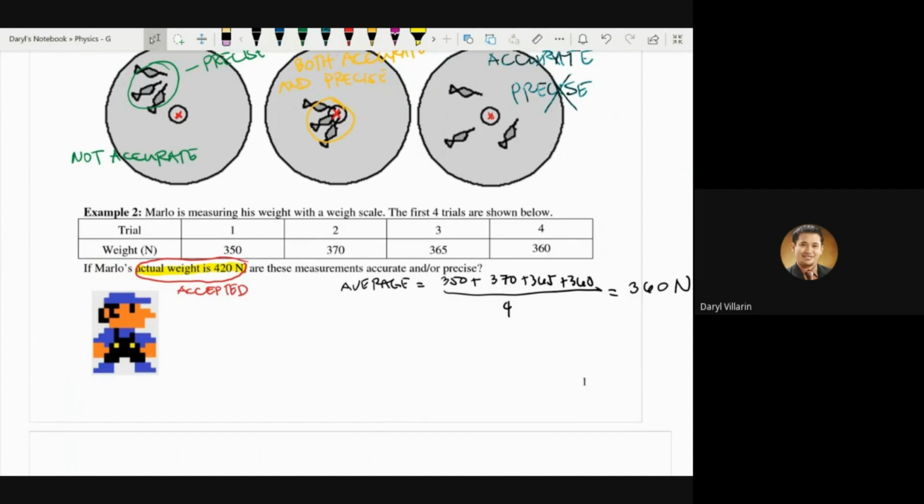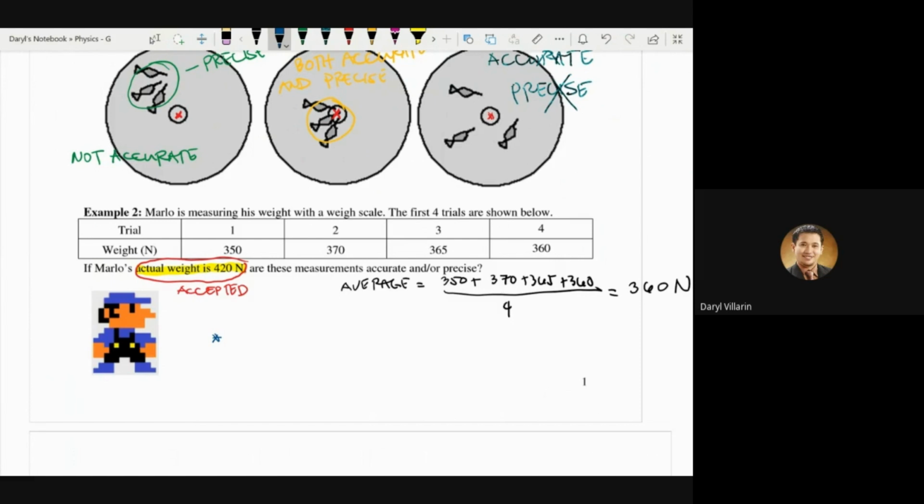So based on this result, what can you say? Is it accurate or precise? Anyone? Not accurate, not precise. Okay. Well, maybe you can have a case, since of the values.